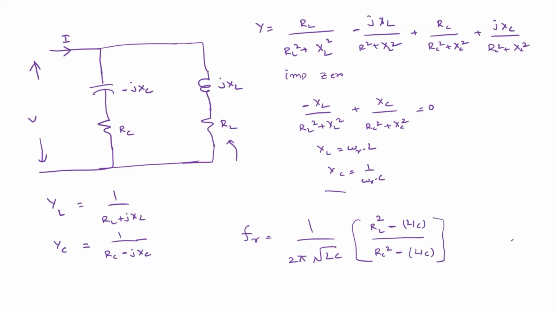If RL and RC values are 0, it is equal to 1 by 2 pi square root LC only.